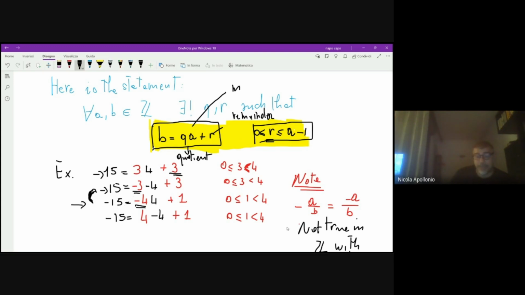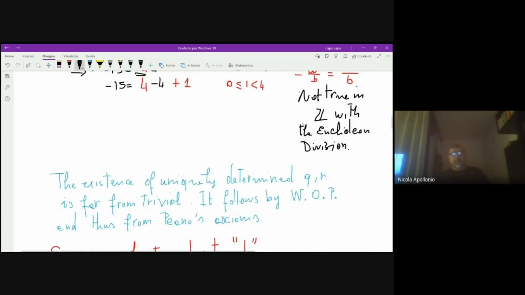This does not happen within the rational numbers because minus A over B is the same thing as A over minus B. Here it is different. It's not the same. This is because we are forcing the remainder to be non-negative and strictly smaller than A.